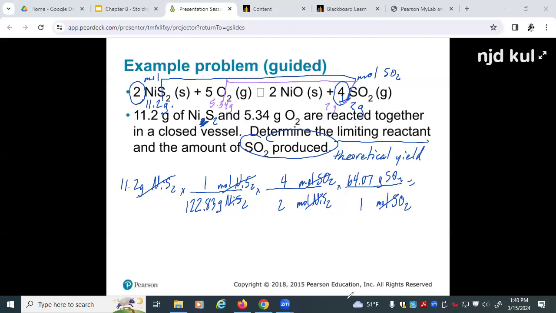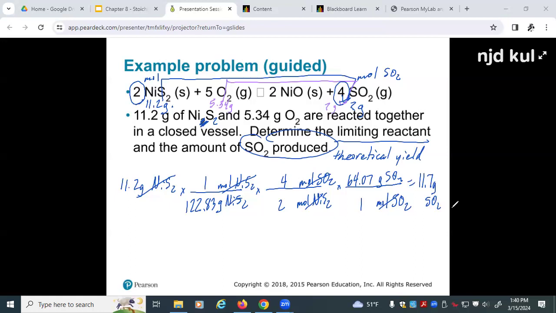Now I do the calculation. 11.2 multiplied by 4 multiplied by 64.07 divided by 122.83 divided by 2. For 3 significant figures, I get 11.7 grams of sulfur dioxide.